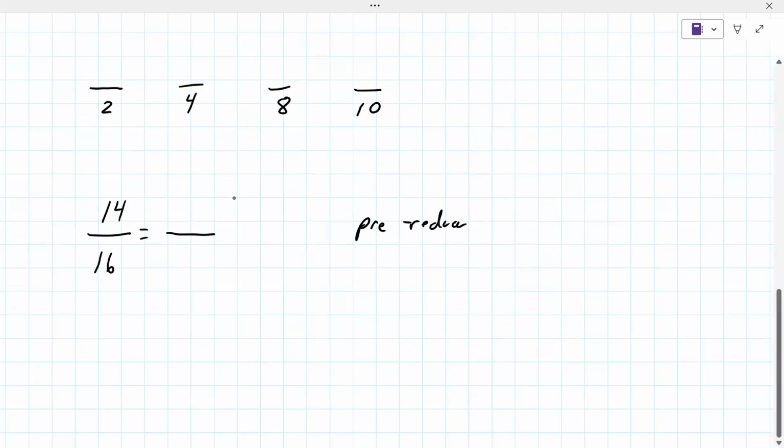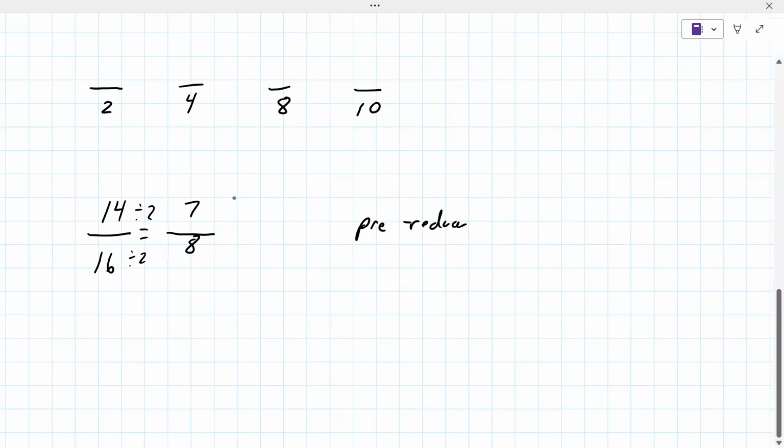No. So both the top and the bottom are divisible by 2, so you can actually reduce these. Does that make sense? Okay. So this would become 7 over 8.